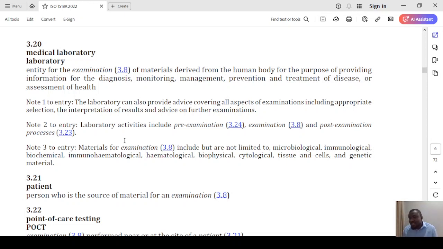So what is that lab? Is it medical or is it veterinary? I can give you an example of the Uganda Virus Research Institute. It handles viruses that are zoonotic, both in human and animals. So it handles both animal samples and human samples. So what type of lab is that?